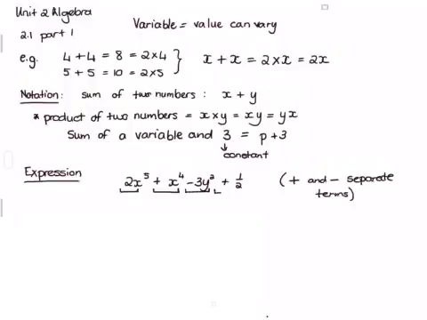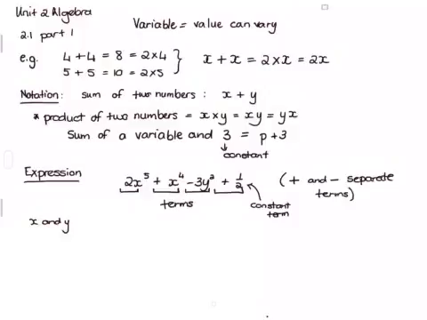So each one of these are terms. The one with no variable is called the constant term. Right, what are my variables here?